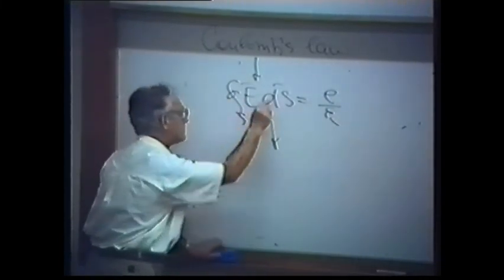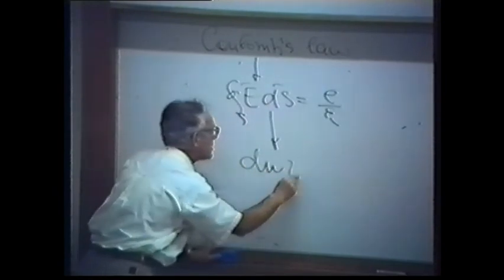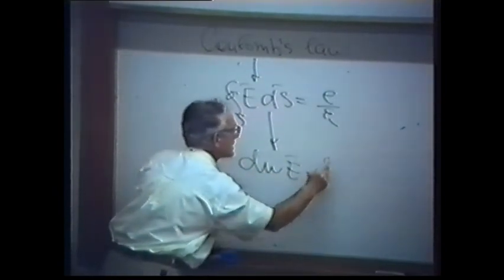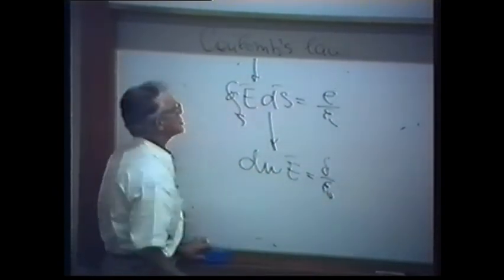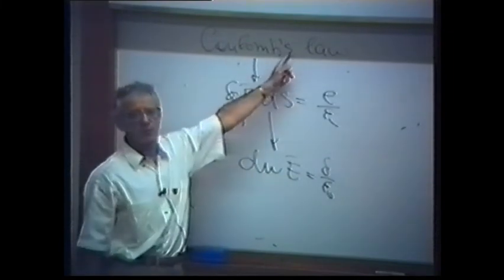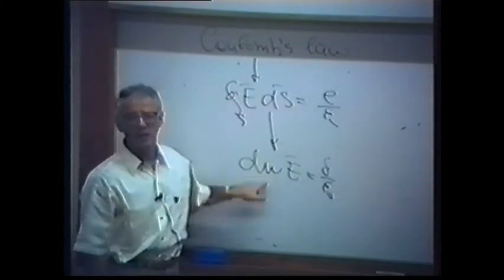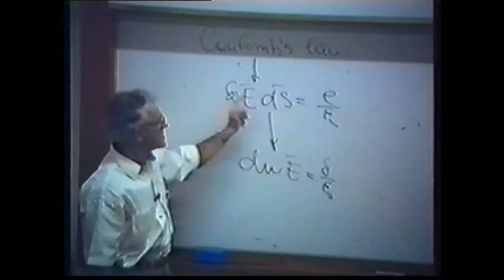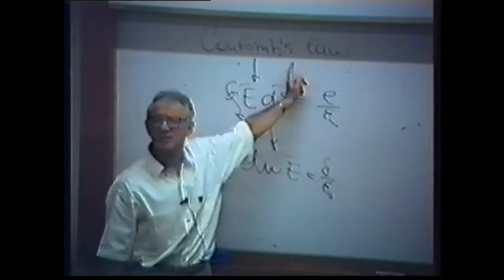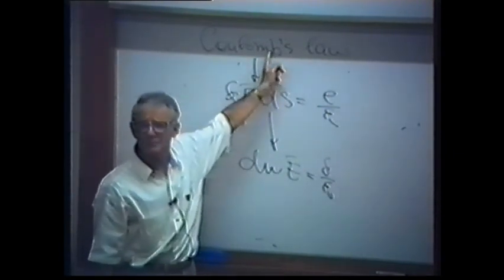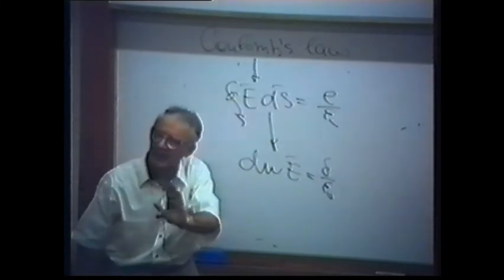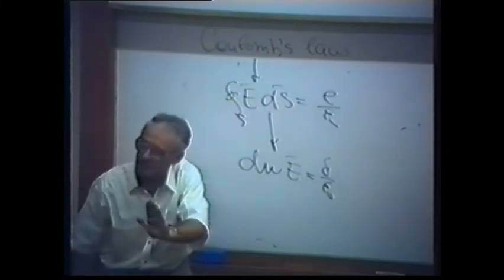And then from this equation, the differential equation of the electrical field. So all information about Coulomb's law is here. If this equation is wrong, it means Coulomb's law is wrong. I don't advise arguing with Coulomb's law.